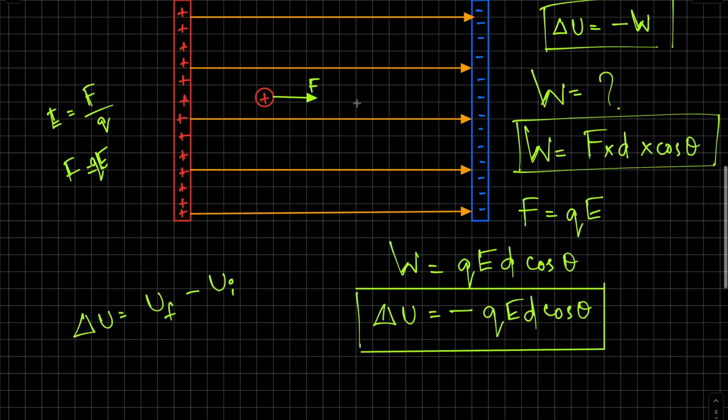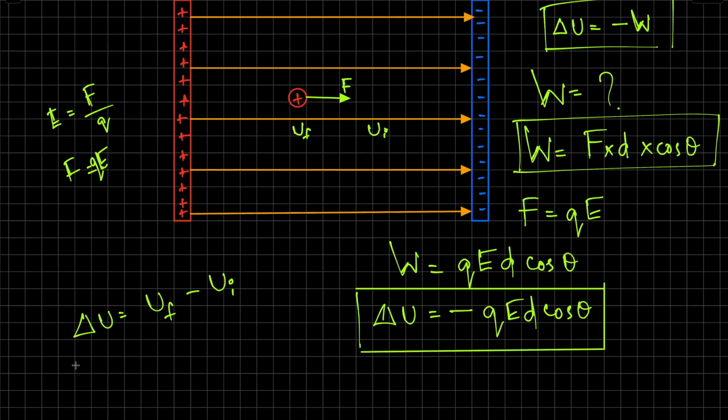Let's say you're moving this positive charge. This charge was initially here, right? I'm moving it towards left. So this is the initial point. Potential energy at this point is Ui. If you're moving it towards left, then at this point the potential energy is Uf.